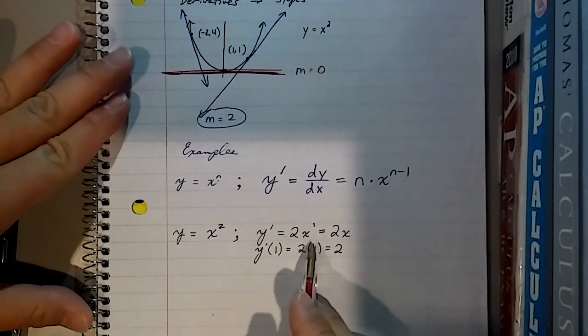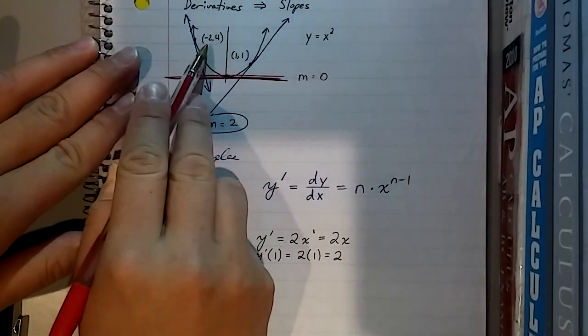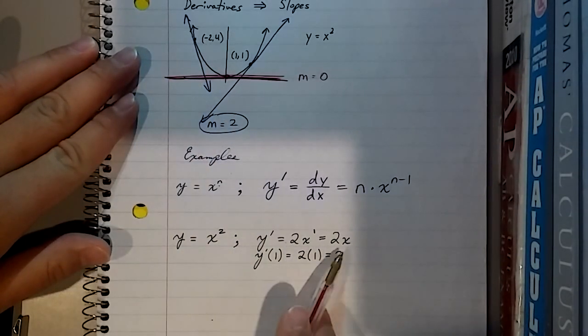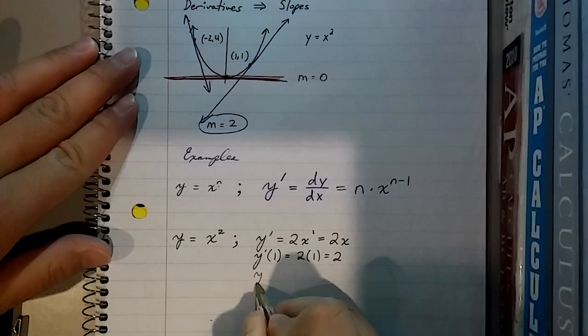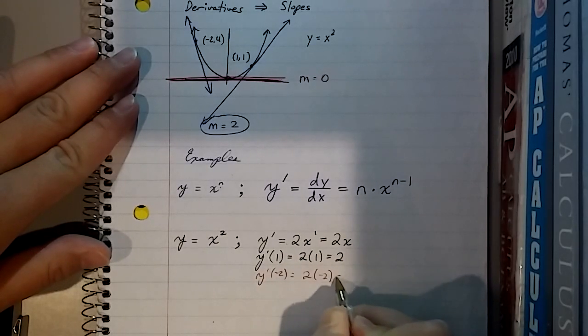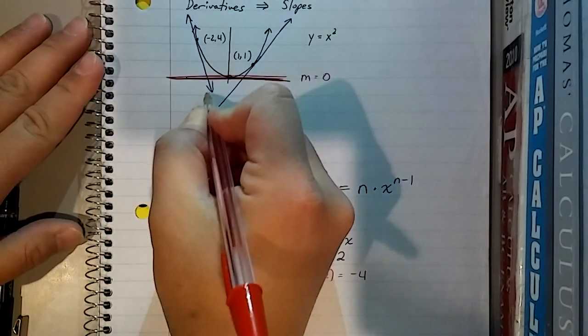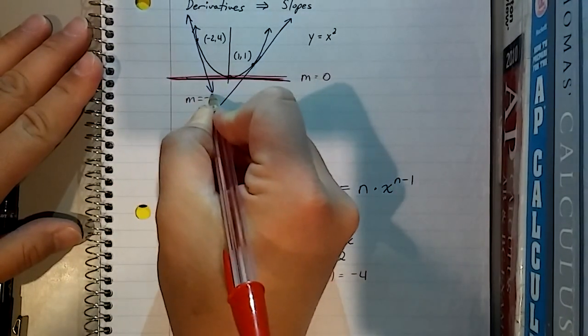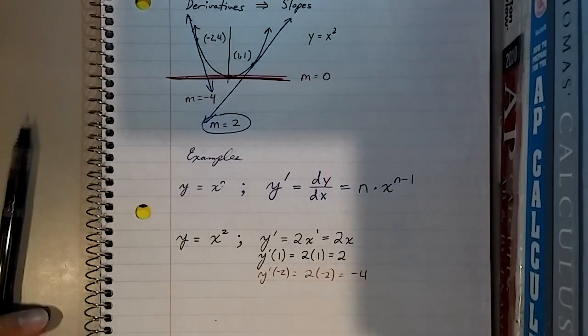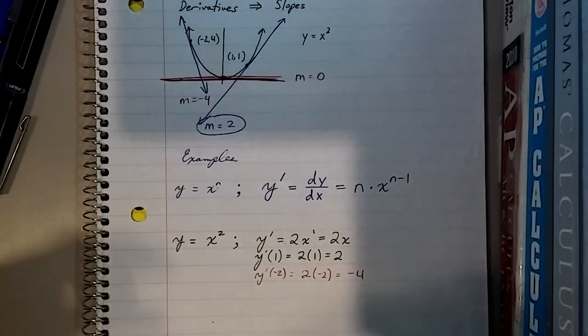So when we take the derivative and we plug in what x it's touching, negative 2, we'll get y prime of negative 2 is 2 times negative 2, or negative 4. So the slope here for this line is negative 4. And that's it. That's really all what slope or derivatives are. The most basic concept of it, at least.